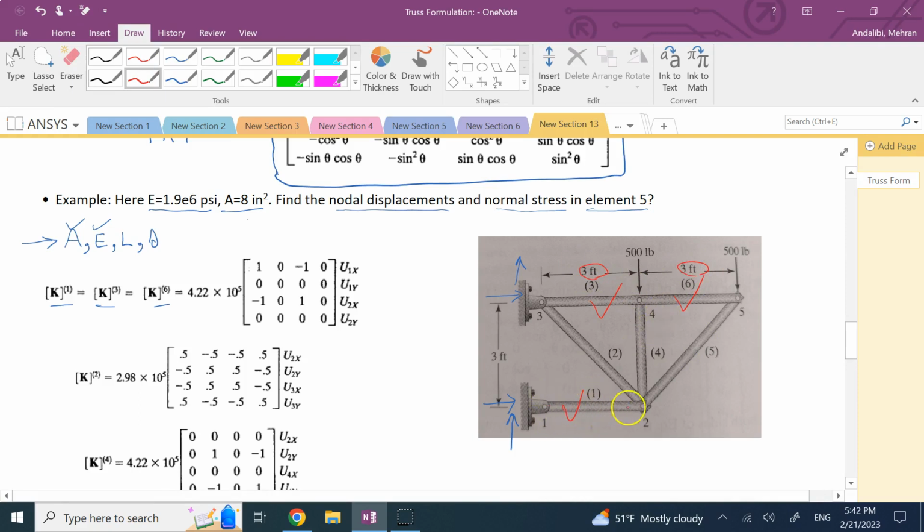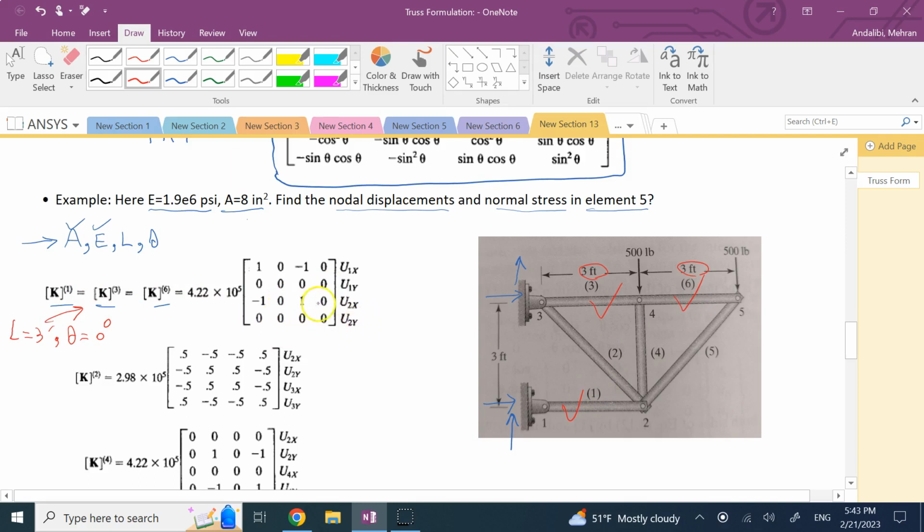And the angles are all what? 0. So for these members, L is 3 feet and theta is 0 degrees. Since A and E are the same, that means the K for all of these 3 members are going to be the same, and this is the result.